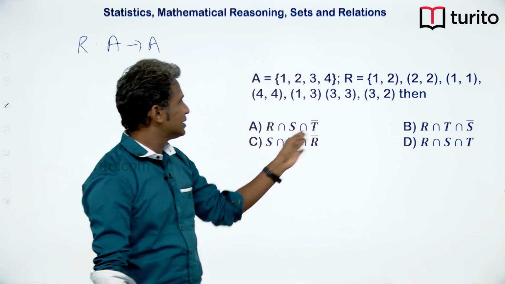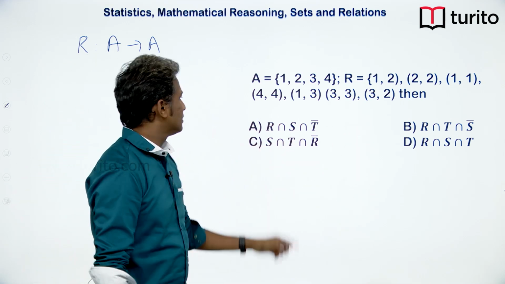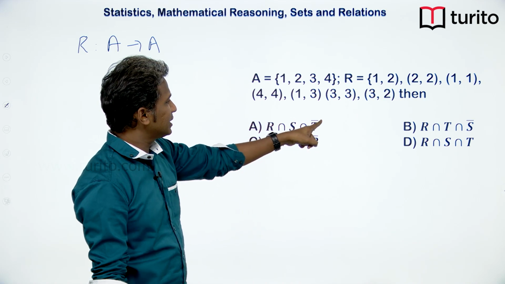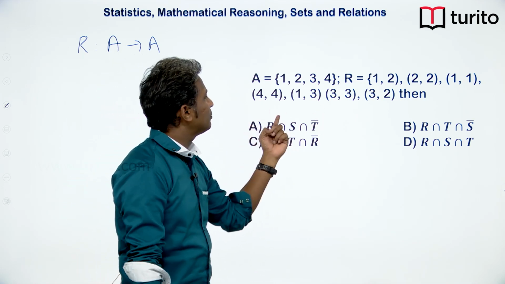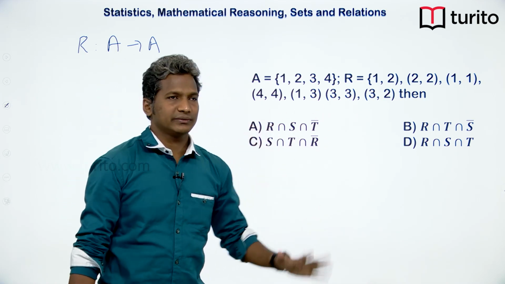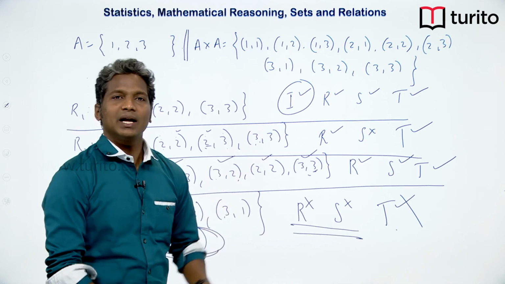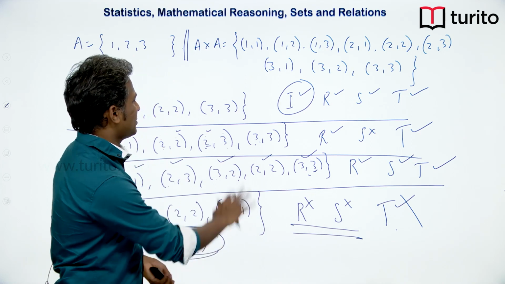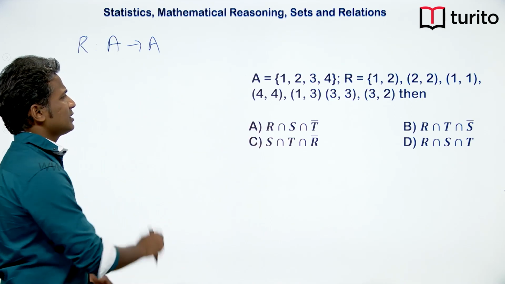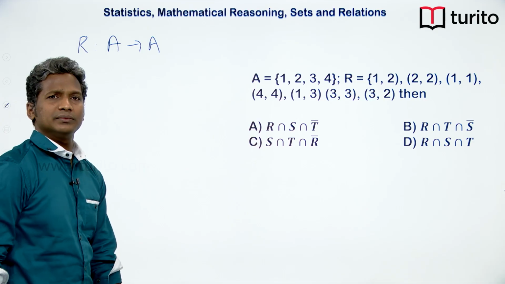That is represented using this representation. R stands for reflexive, S for symmetric, T for transitive. If we put a bar, then it means it is not transitive. So, how do we check? Follow the same pattern and check. I have explained the method completely here, so just follow that method and solve this question.